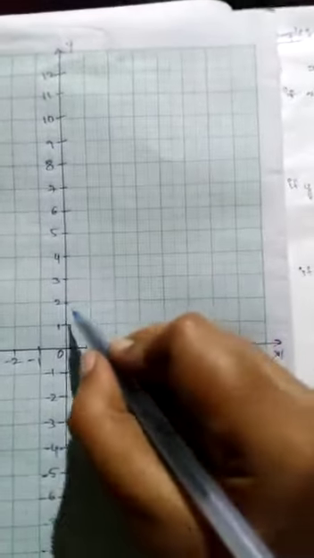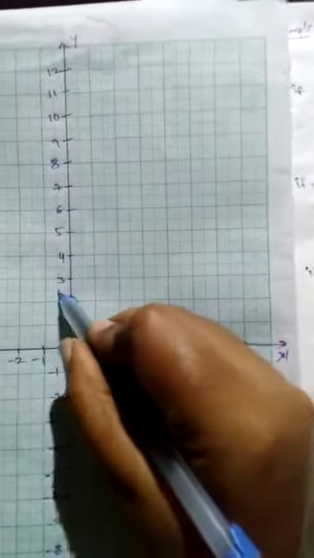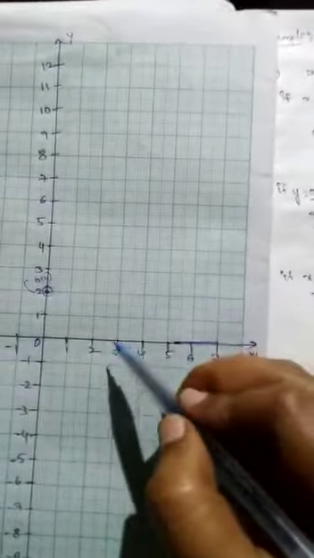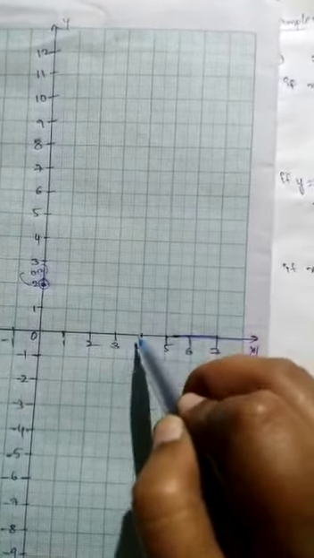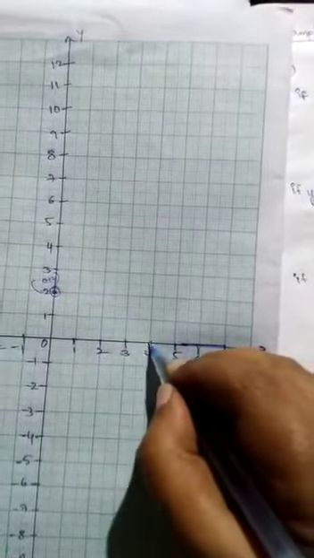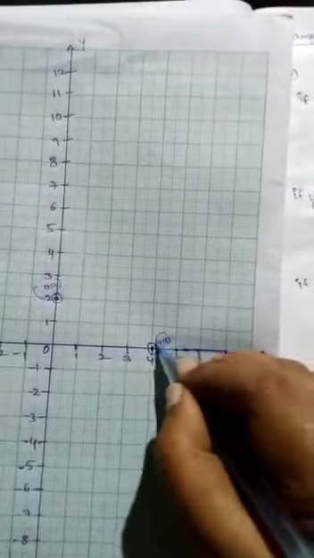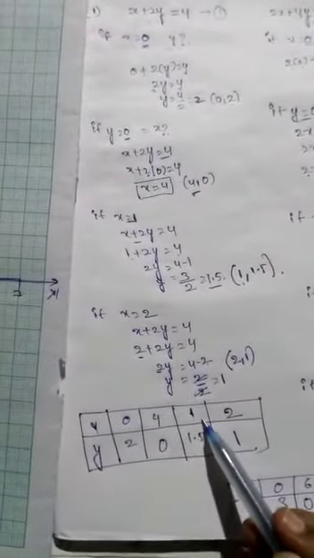Next point (4, 0), x value 4, y value 0.